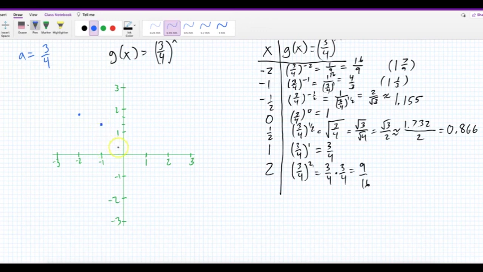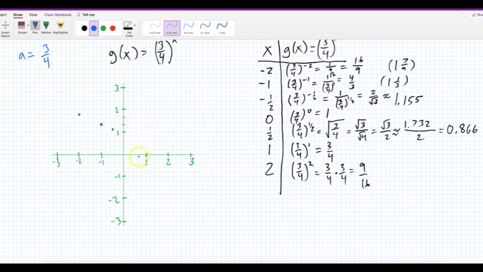Okay. Negative 1/2, so that's halfway between right here, is approximately 1.155. Okay, now again, this mark right here, we're looking at fifths, so that's 1.2. So it's a little bit below that. Okay, so we would be about right here.